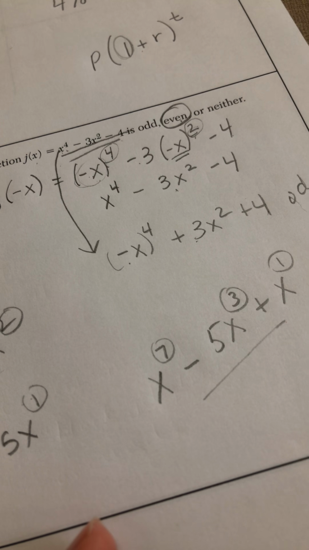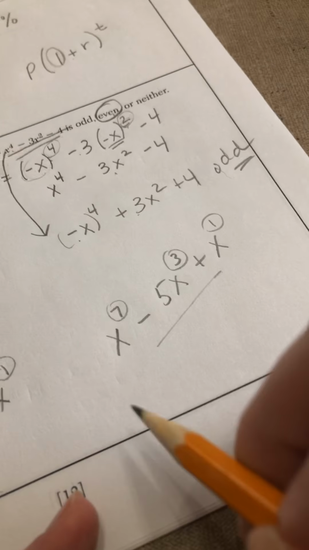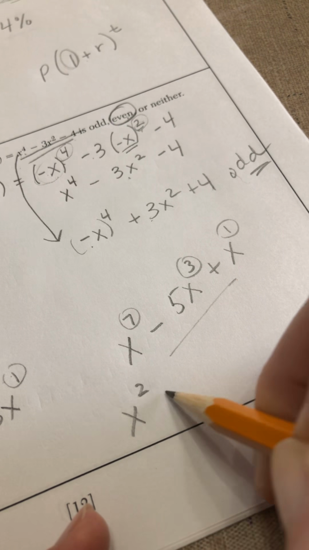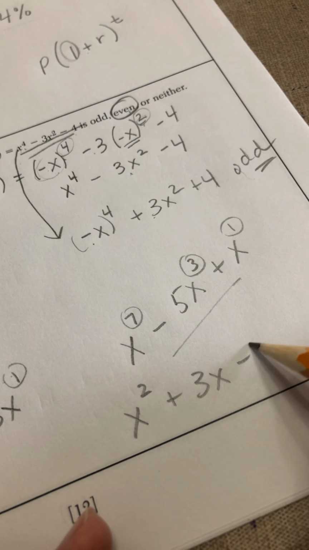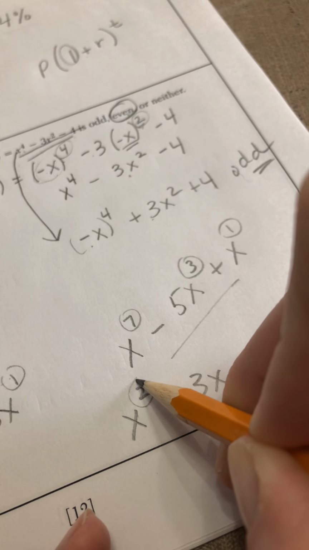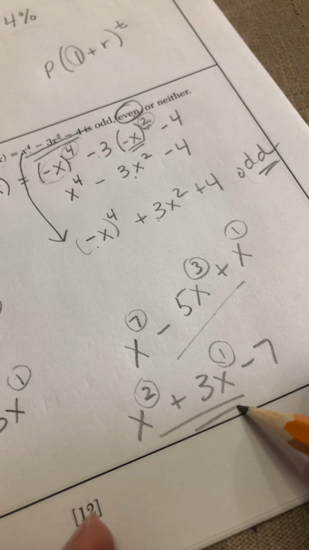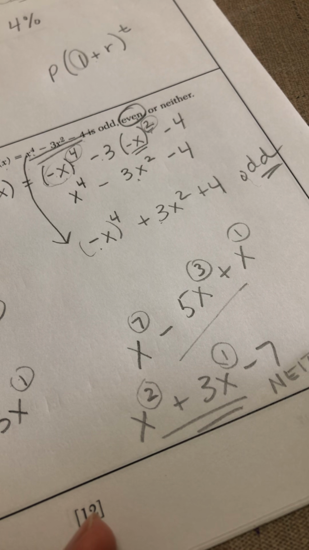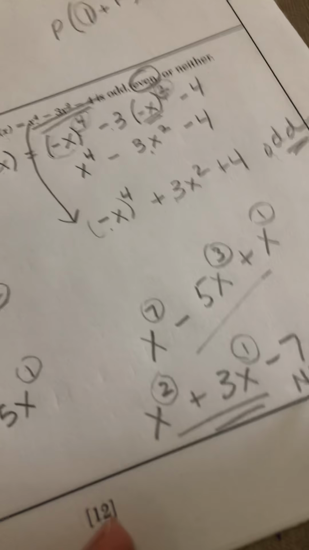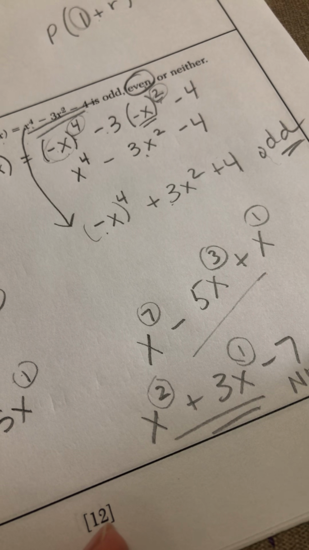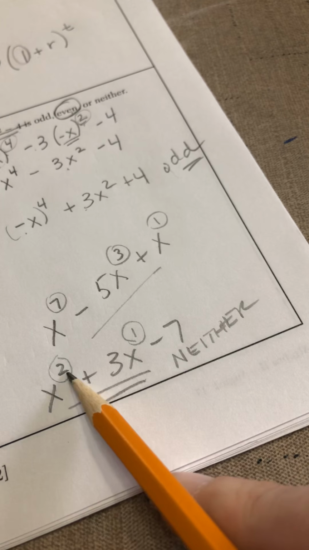That's an odd function. All right? If I mix the two together, even, odd, this one would be neither. N-E-I-T-H-E-R. There you go, neither, because it has a mixture.